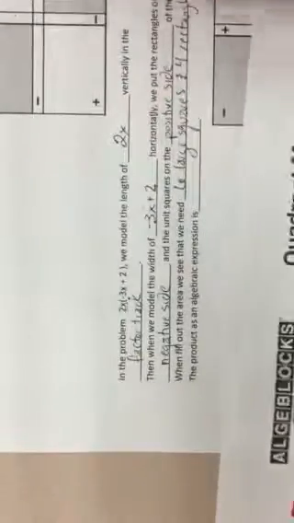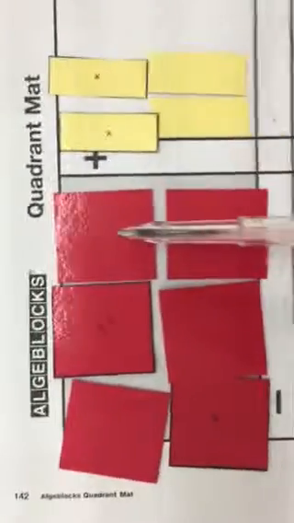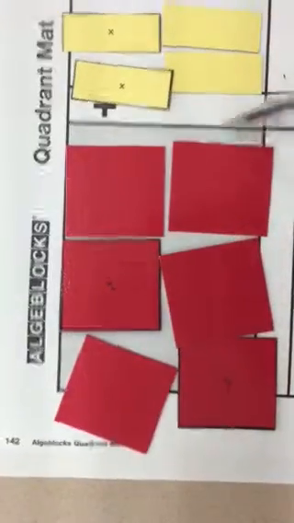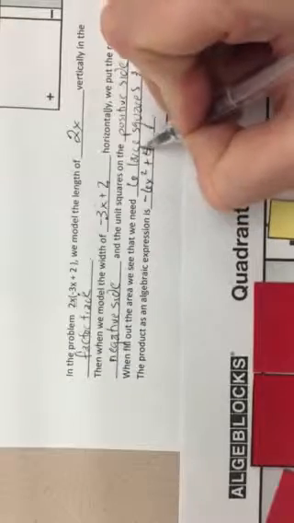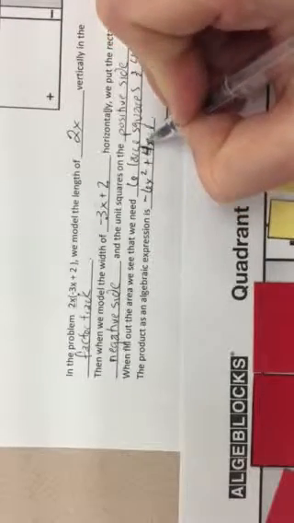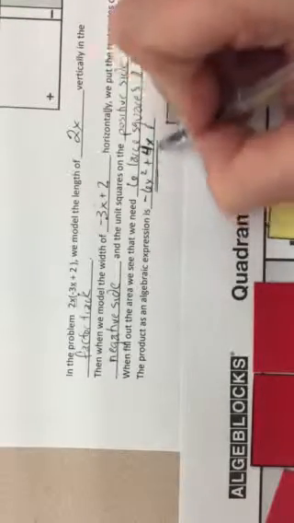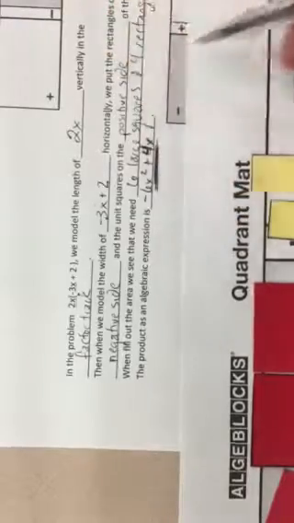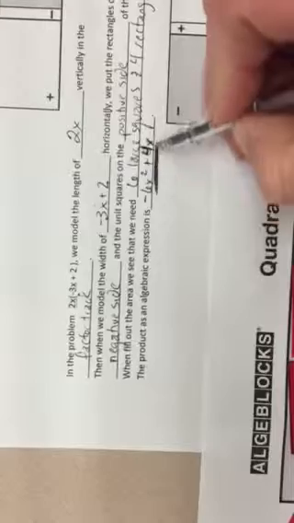So the product as an algebraic expression is negative 6x squared, because those are all x squared and they were negatives, and positive 4x. So that's your final algebraic expression. On your homework, make sure you do the models, but also make sure you write your algebraic expressions.